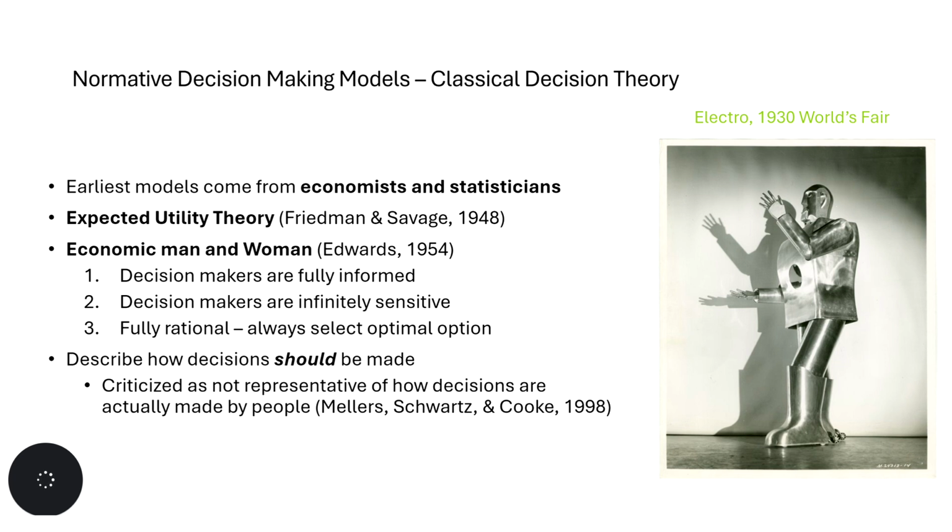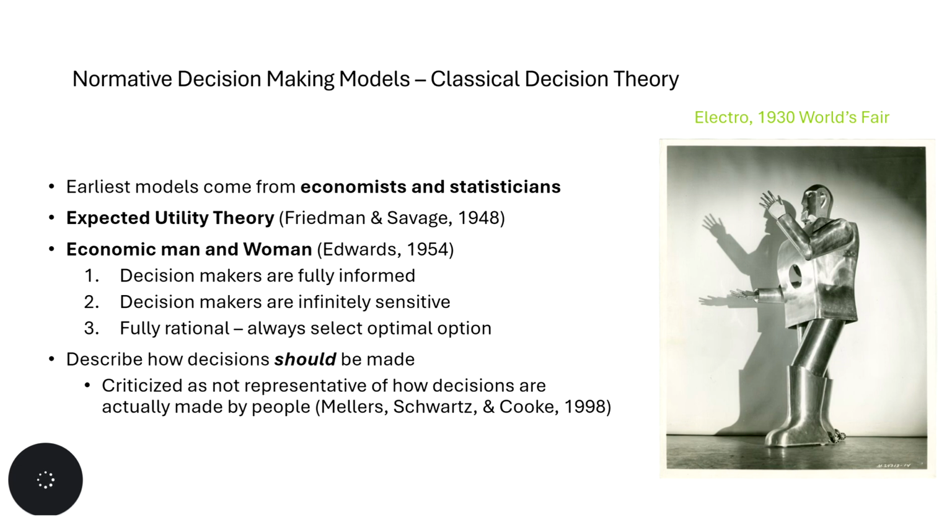So normative decision-making models, which tends to filter down into classical decision theory, or you'll hear that term sometimes, initially came from economists, statisticians. Also, you'll hear about this from management theory, or scientific management is a term that was thrown around in the early 1900s. But what we're looking at for these is they tried to identify optimal decision-making principles.